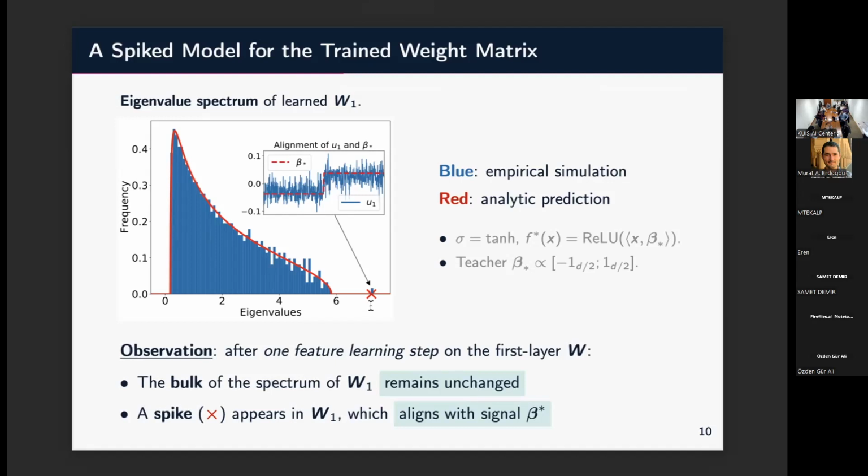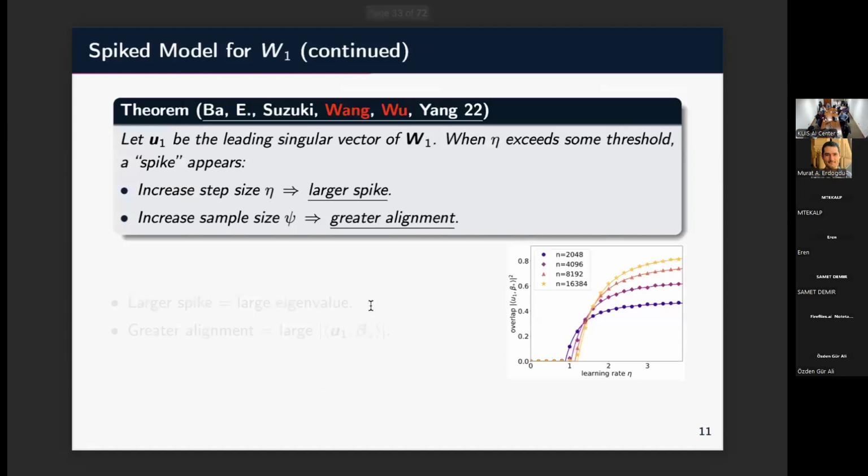That's the useful feature learning part. There is a formal statement of this, but here's my simplification. For the formal statement, you can check the paper, and the colored names are the student authors of this paper who have done a fantastic job.